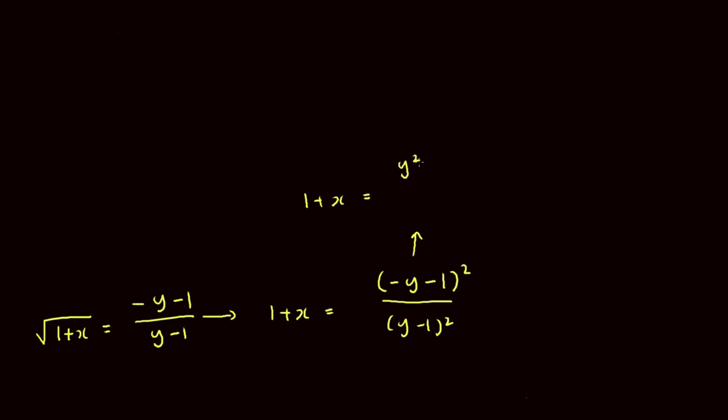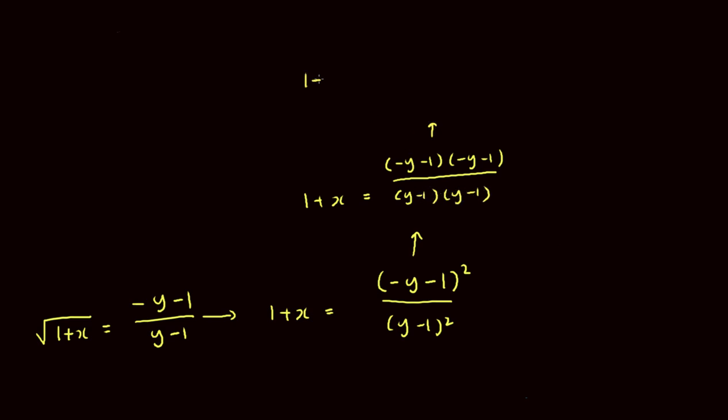Actually wait, let's be a bit too quick, let's explain the breakdown. We'll have negative (y plus 1) times negative (y plus 1) over (y minus 1) times (y minus 1).